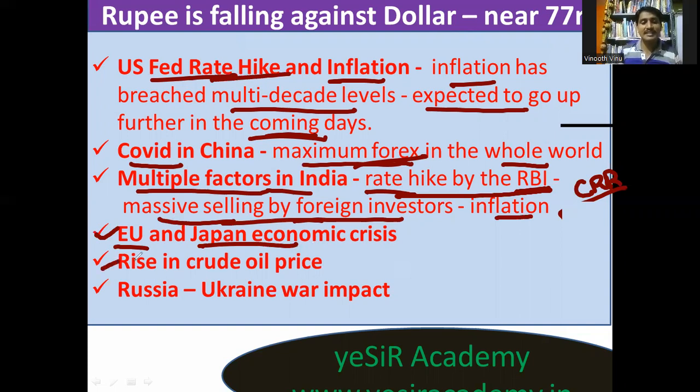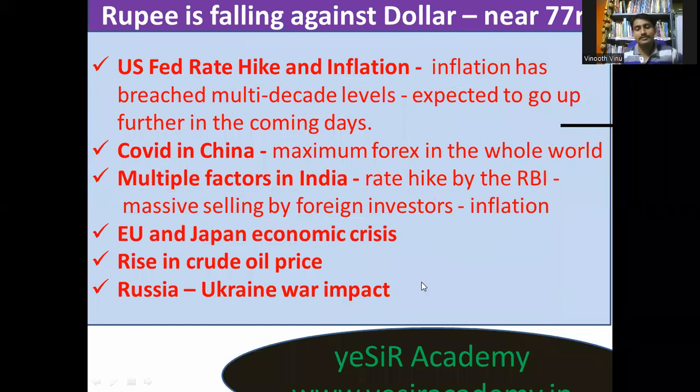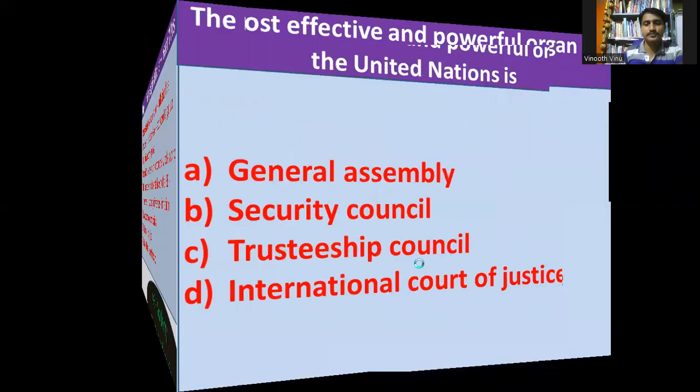At the same time, crude oil prices have risen in the international market, which is also a reason. Importantly, the Russia-Ukraine war impact is also a reason for the falling value of the rupee against the foreign currency, that is, the dollar.